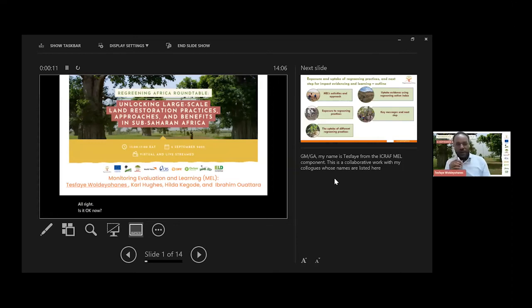I think you have to make a change at the display settings. We are seeing 2 slides together at this point. Maybe it's sharing from the other side.